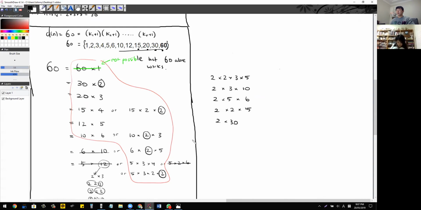I'm going to now do the ones that have 3 as the smallest. Is that right? 3, 4, 5, 3, 20. And then I'll do the 4, 15.